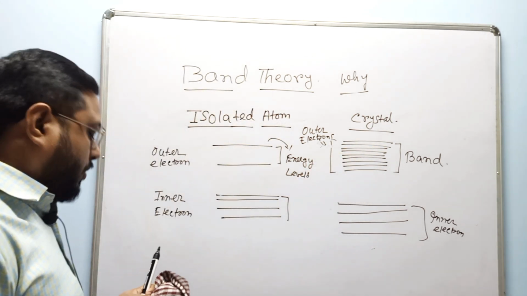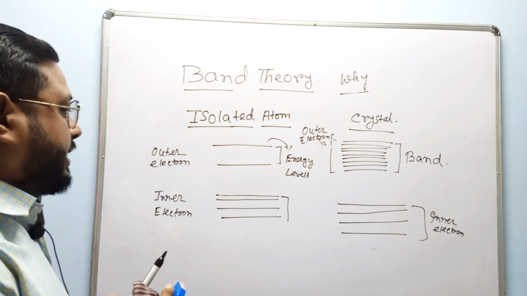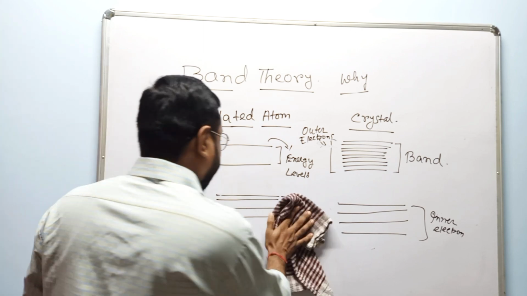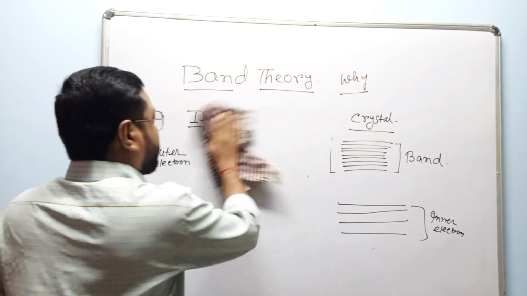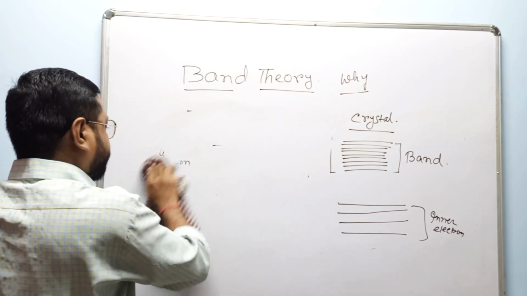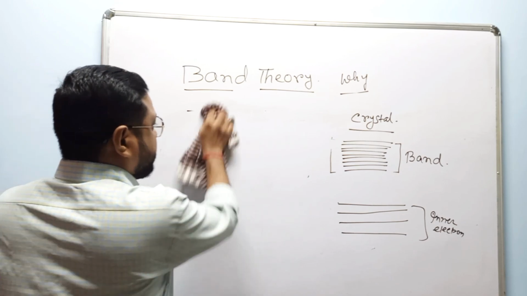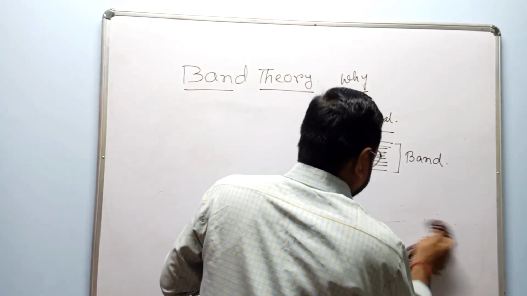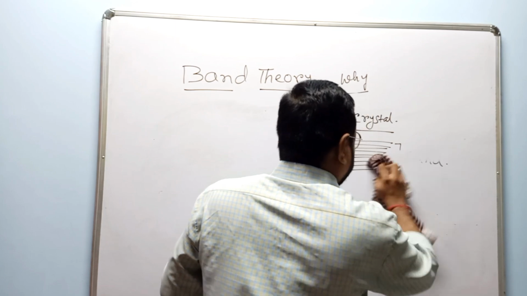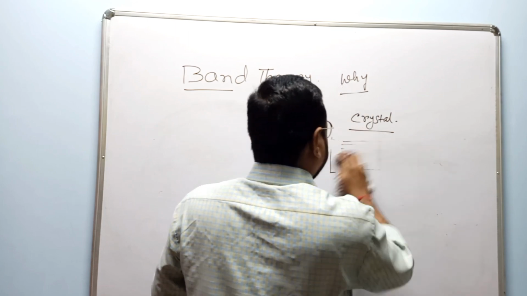Now we can consider two types of band. One is conduction band and other is valence band. What is valence and conduction band? The valence band is nothing but the band which is almost filled with electrons.